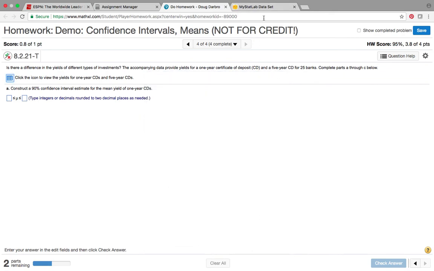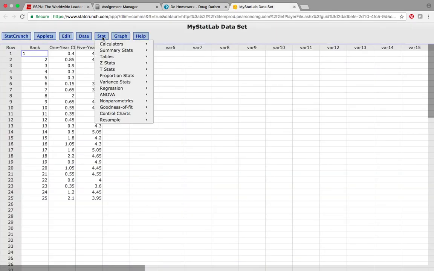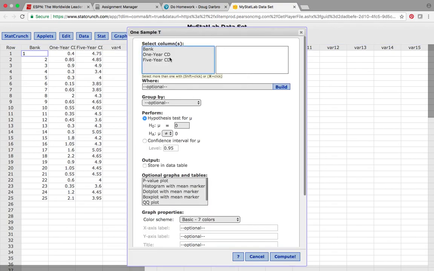So we went for the first one. So T-stat, one sample with data. Then we went to 1 year, and we want a 95%.